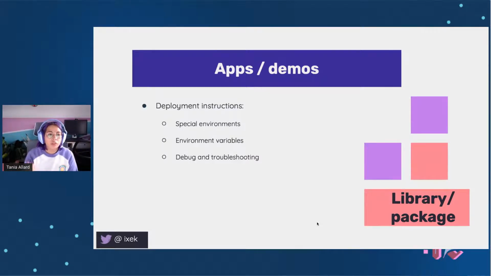And within your deployment instructions, always make sure that you have references to special environments. For example, how to differentiate between your local development environment and your production environment, and when you are ready to deploy something out so that folks can access it.